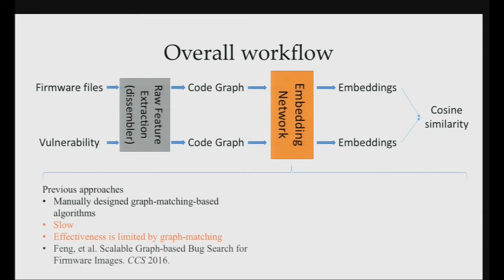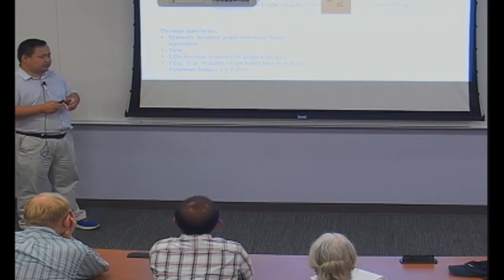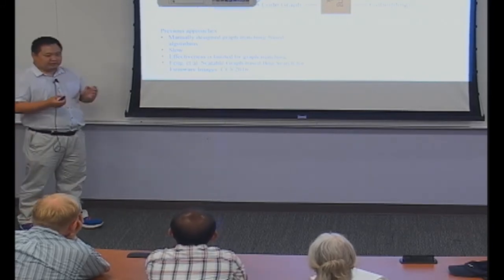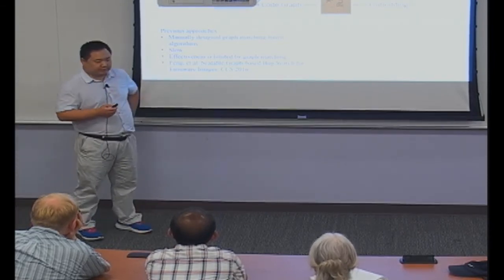Here I want to emphasize again the difference between our work and previous work. The previous state of the art is last year's CCS paper. They use bipartite graph matching algorithms. The problem is that they are very slow, and the effectiveness is limited by this bipartite graph matching.